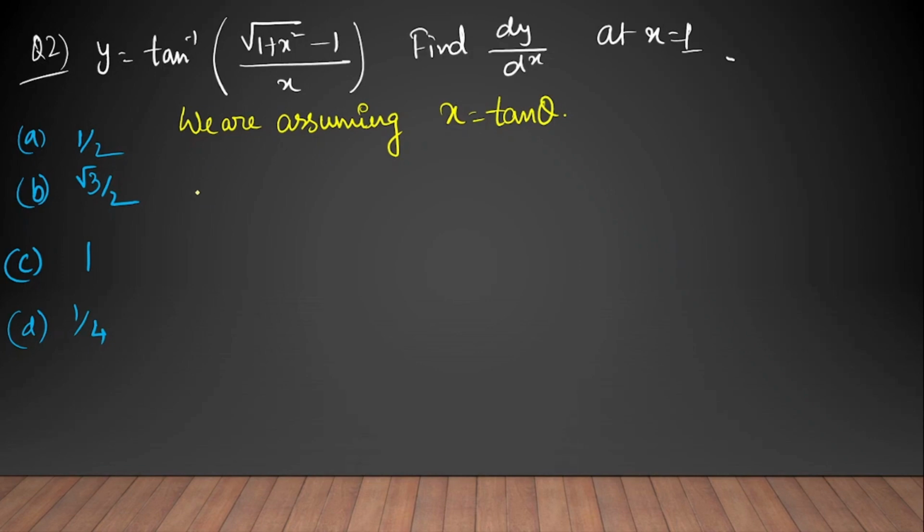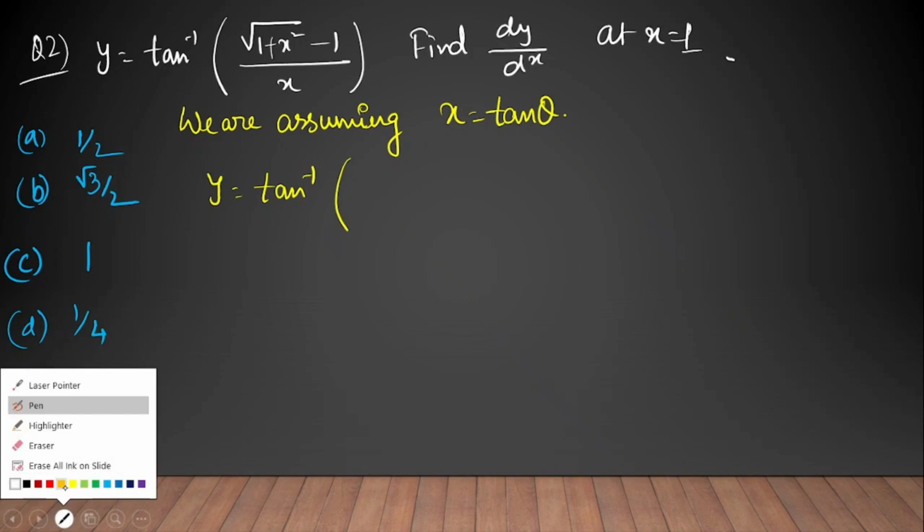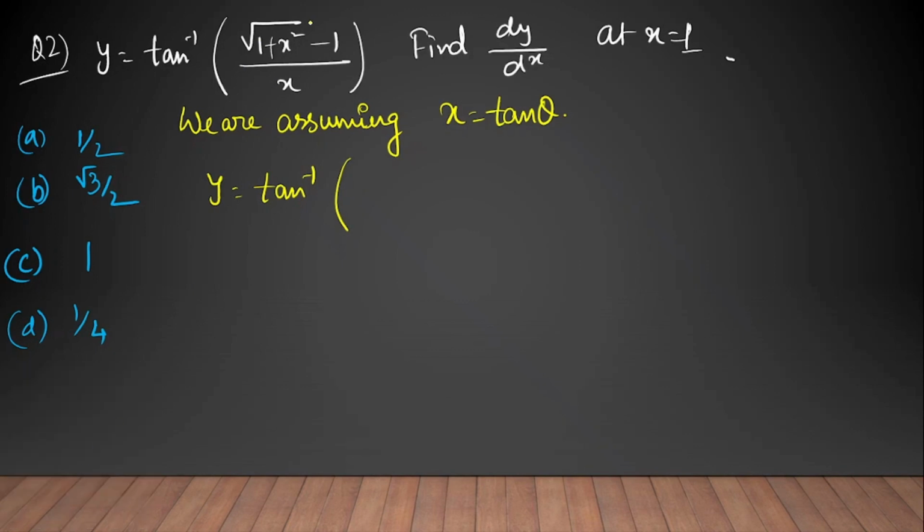Then we are putting the value, that is y equals tan inverse. So root under 1 plus x square, we can write x equals tan theta, so it will be sec theta. It will be sec theta minus 1 divided by tan theta as it is.